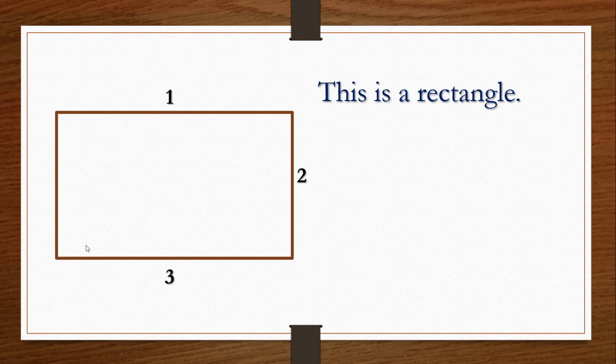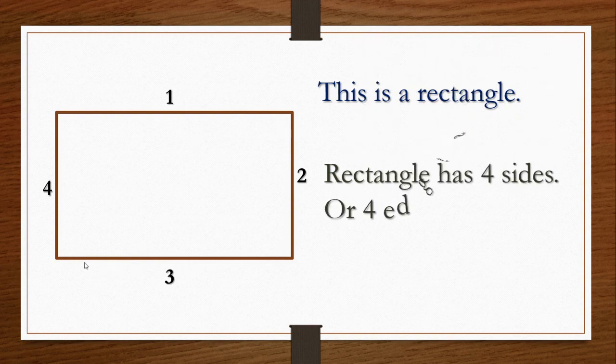And this is the third side. Can you see the cursor here? And this is the fourth side. Means the rectangle has four sides or four edges. Okay, we can say sides or edges. Got this, children? Okay, we will remove these numbers.